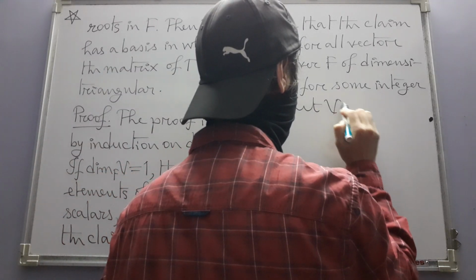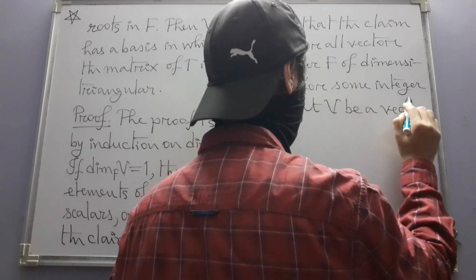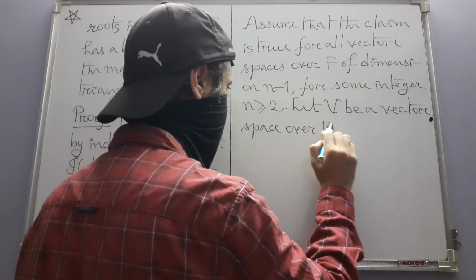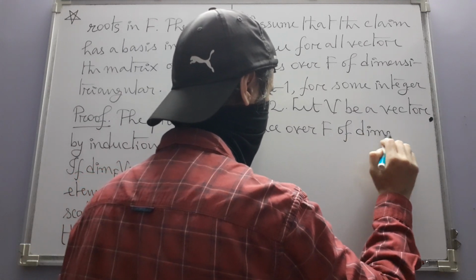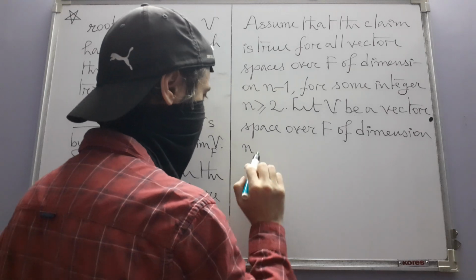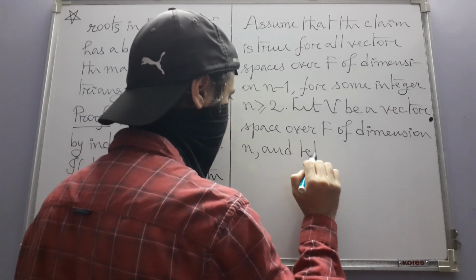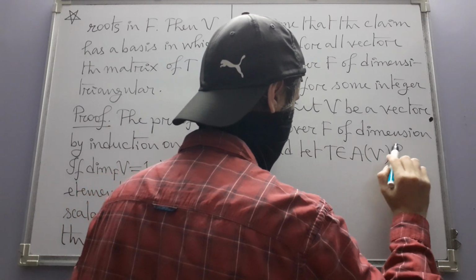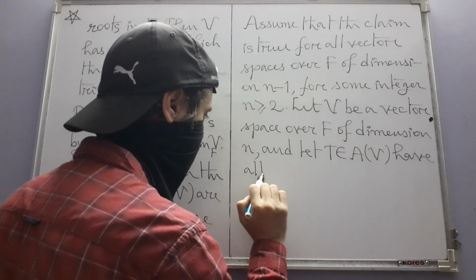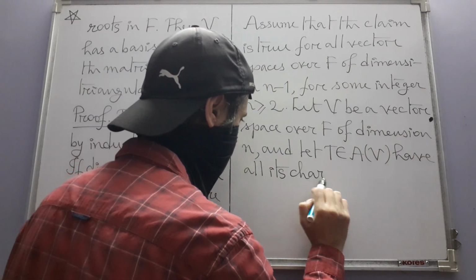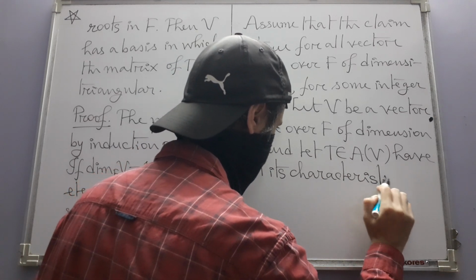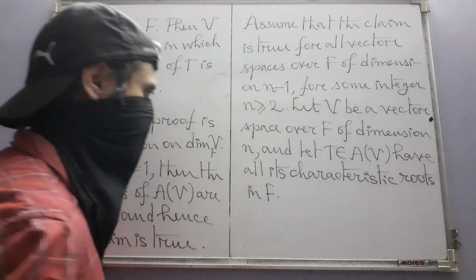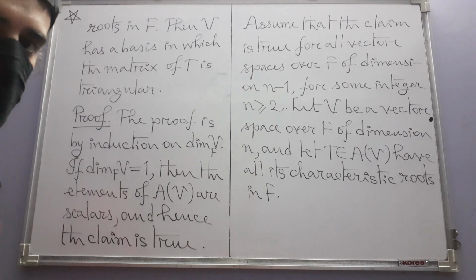So let V be a vector space over F of dimension n, and let T belonging to A(V) have all its characteristic roots in F. Next, we are going to choose one such root.